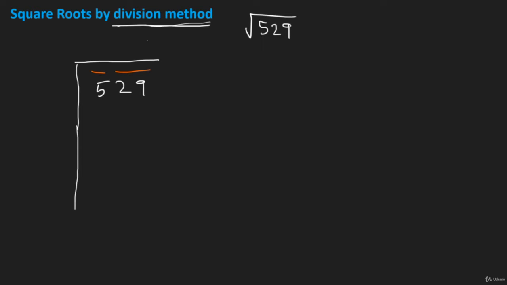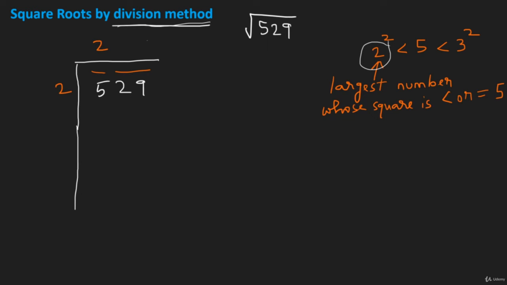So the lesser value than 5, which is a perfect square, is 4, and the square root of 4 is 2. So I write 2 over here and I write 2 over here, right? That's because, as we've discussed, 2 square is less than 5, less than 3 square. Therefore 2 over here is the largest number whose square is less than or equal to 5, right? That's why we've written 2 over here and here.